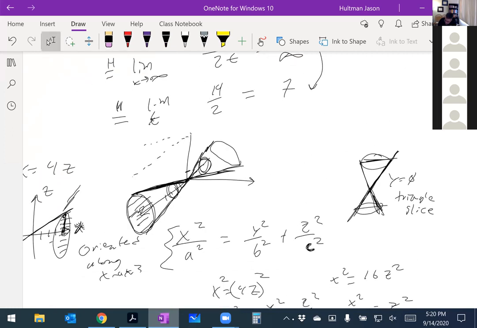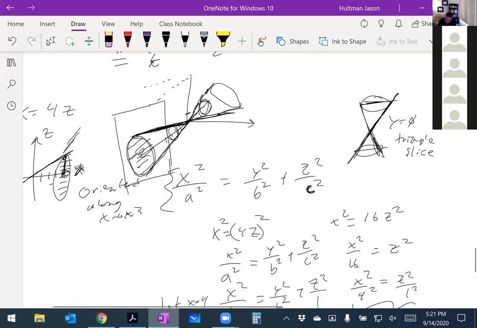It's this slice, but in the YZ plane. I don't like that slice, but it's what I have. I've been taking this piece of paper and slicing the cone.